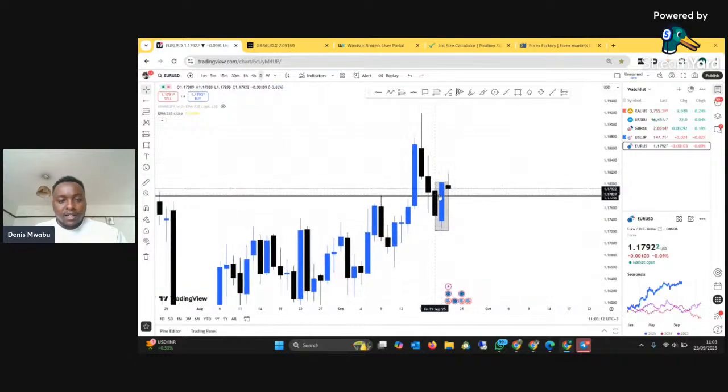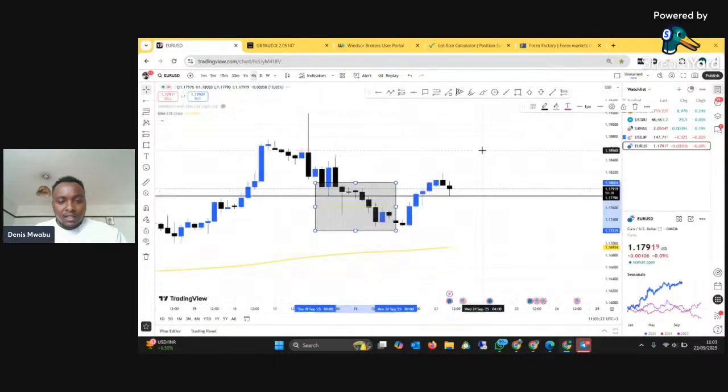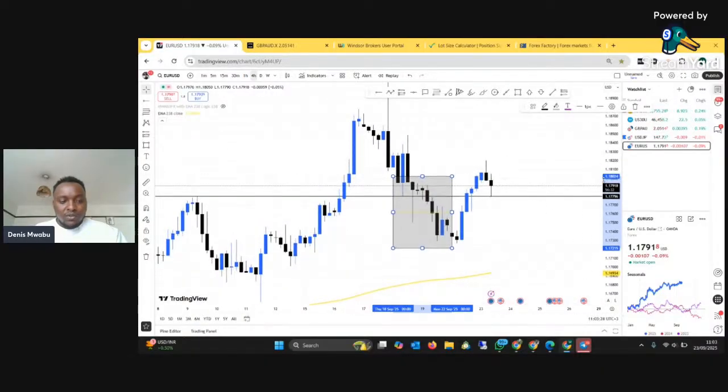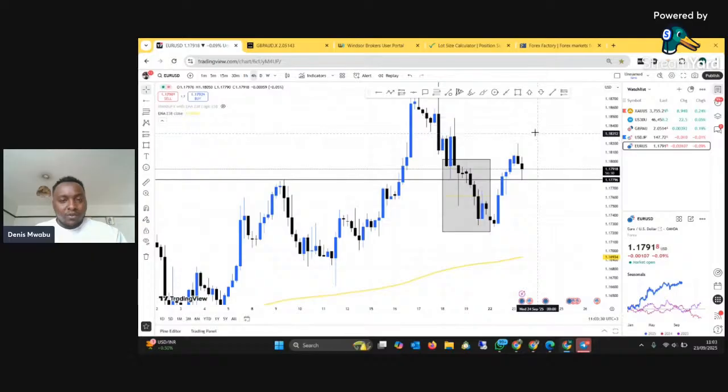After that engulfing candle, we have this candle coming, testing this particular zone and rejecting it. So I have no regret with this euro USD trade idea.